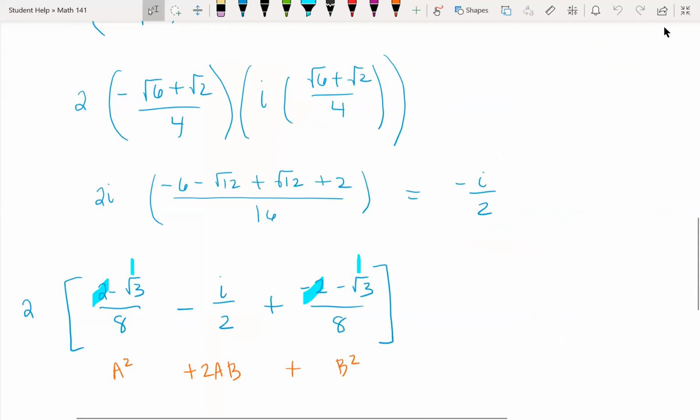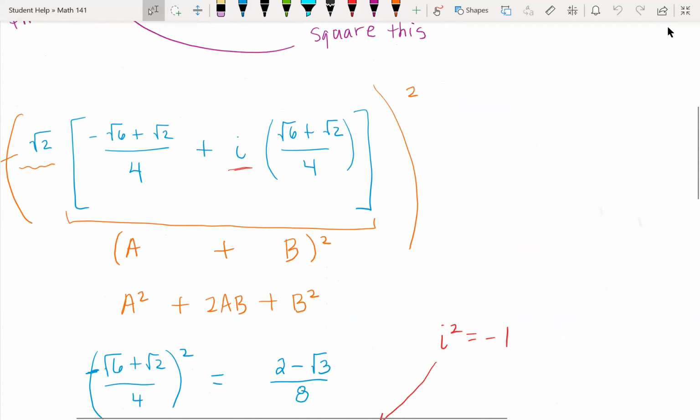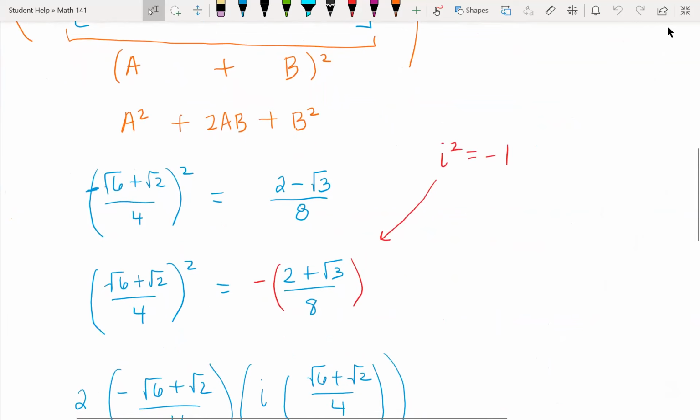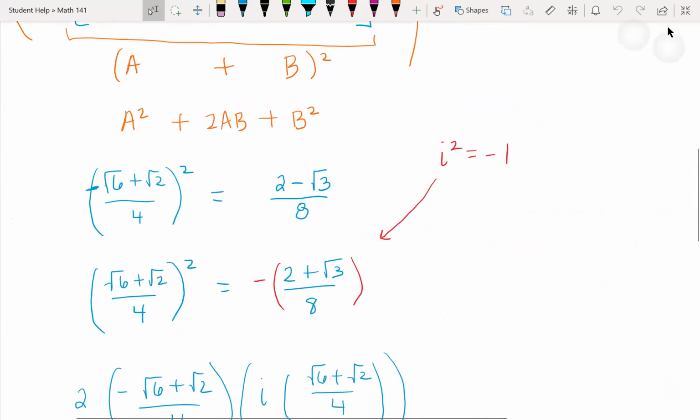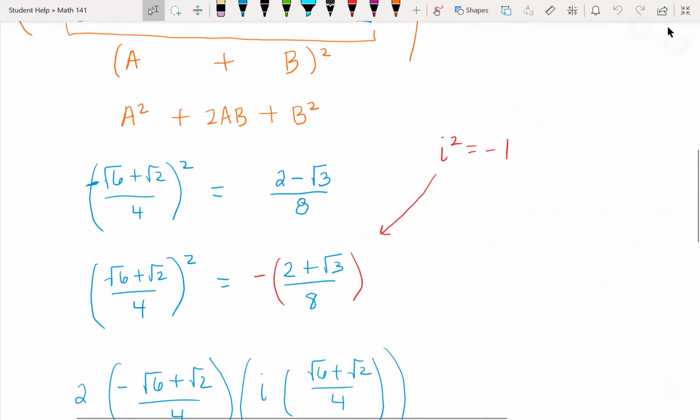Right, I found my error. It just has to do with the denominators. So when I squared over here, this should be over 4. This shouldn't be an 8. These should be 4s.